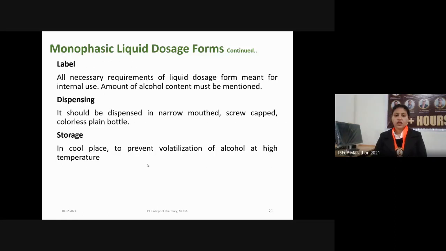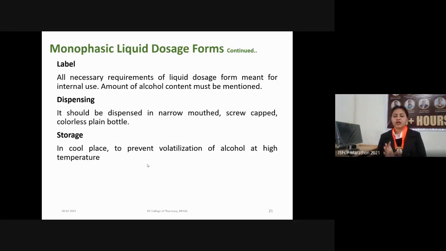Now, the label of the elixir should contain all the necessary requirements of a liquid dosage form meant for internal use. It means it should also specify the concentration or the amount of the alcohol that is used in that preparation.